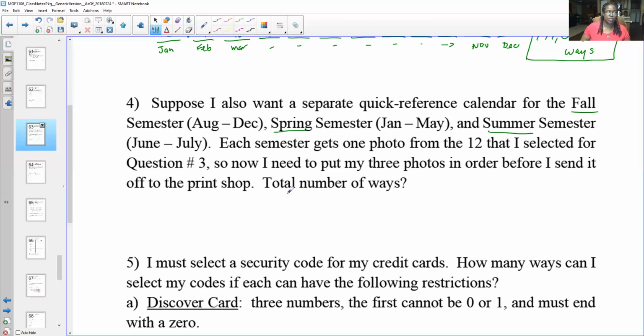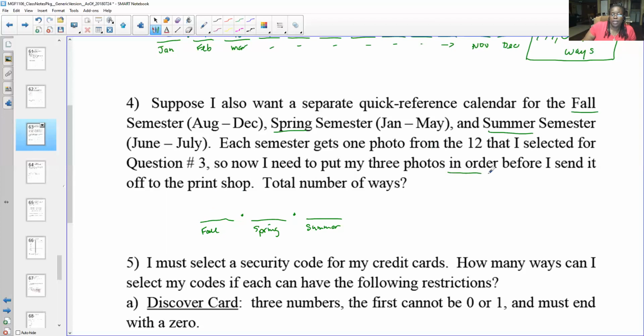Here's my structure. I need a line representing each one of the semesters. So I need fall, spring, summer. Here's fall, spring, and summer. Okay? Now, from the 12, looking at fall, I have 12 to choose from, right?